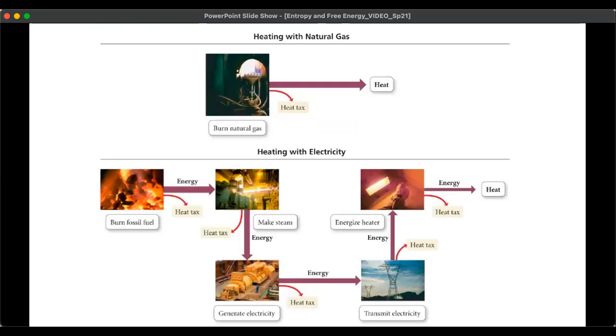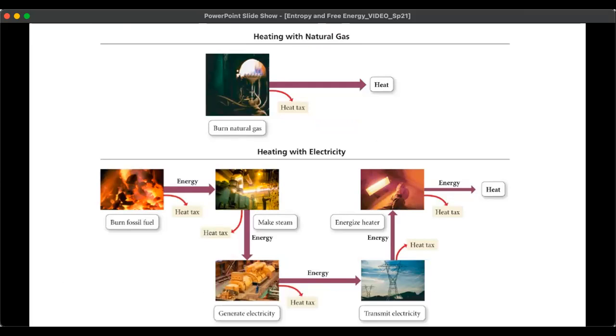And here is an example of where things can really add up. So when you want to heat your house, say with natural gas, you burn the natural gas and you pay a heat tax, you get some heat out. But when we heat our homes with electricity, we pay multiple heat taxes because every time we interconvert energy, we lose a little to this heat tax.